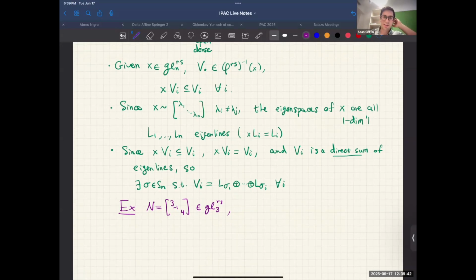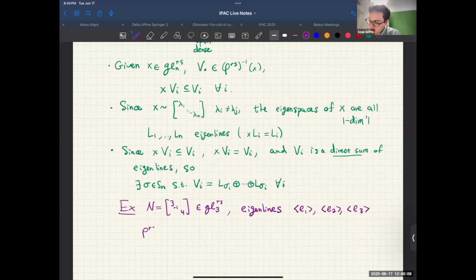Okay, so let me give a quick example here. I just chose n to be diagonal with distinct diagonal entries. And then the eigenlines for this one, since it's already in diagonal form, are just the coordinate subspaces: the span of E1, the span of E2, the span of E3.